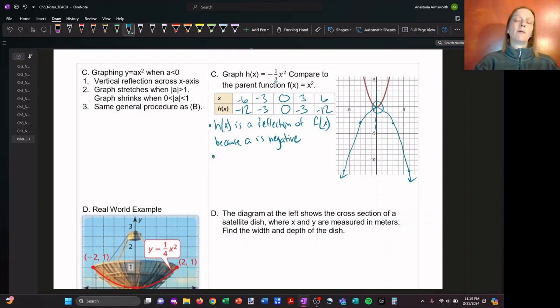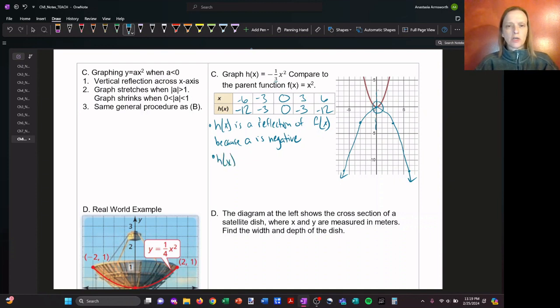And another thing that happened is notice that this parabola looks wider than the original parabola. That's because this 1/3 is a fraction that's less than 1. So we've had a vertical shrink or compression. This vertical shrink, it's almost like sitting on the parabola, which makes it spread out wider.